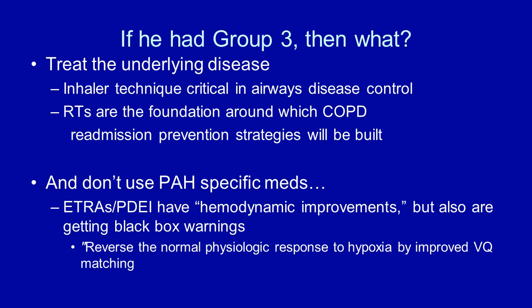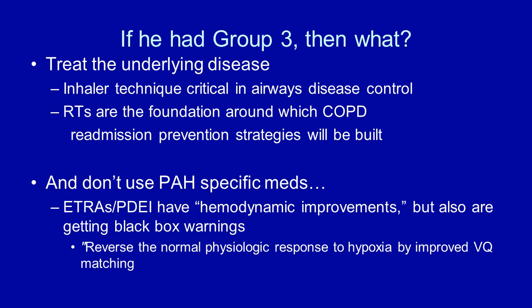built. It's important if someone has WHO group 3 disease and pulmonary hypertension from that, that you do not use PAH-specific medications. There have been a number of trials in people, particularly with ILD, to see whether or not maybe these drugs might work. And it was found that while they might actually change some of the cardiac physiology, you could get worsening hypoxemia.